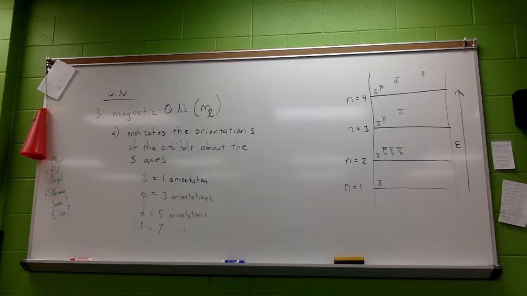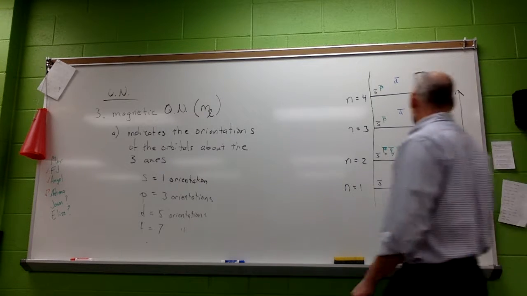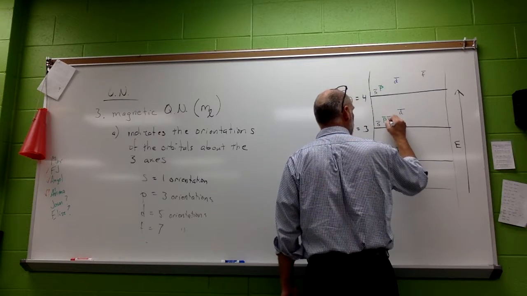You are, for this class, going to need to differentiate between the x, the y, and the z. I am not going to have you differentiate between the 5 different d's, and definitely not between the 7 different f's. Okay? So wherever there's p orbitals, there's going to be 3 of them.